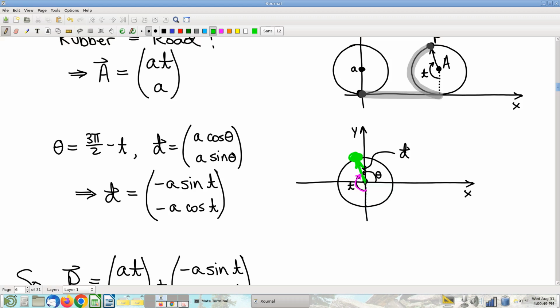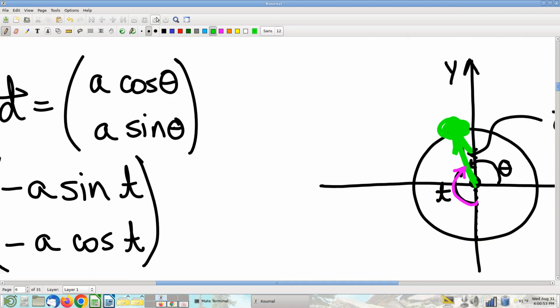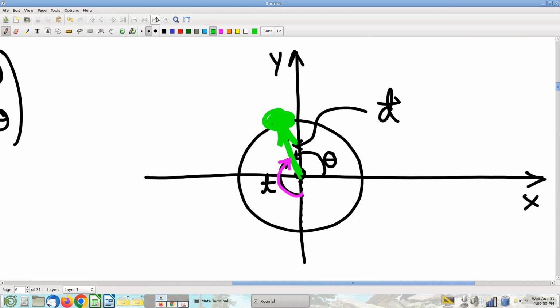Now, we're going to switch gears here a little bit. Let's think about how I would understand this point. That's a point on a circle, and we typically understand points on a circle by looking at the usual angle theta, and cosine theta, sine theta, and don't forget the radius to multiply by.